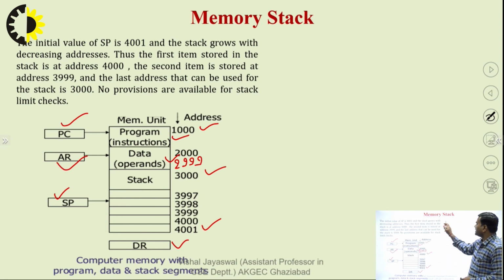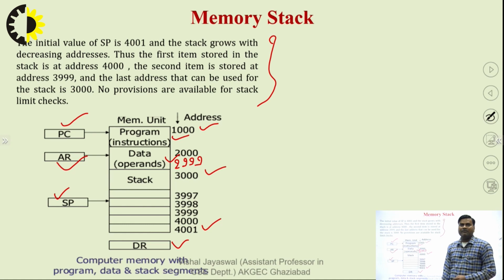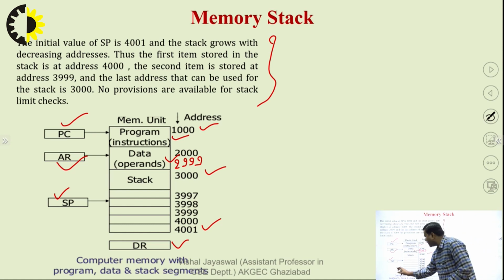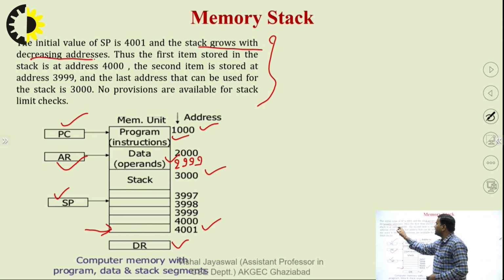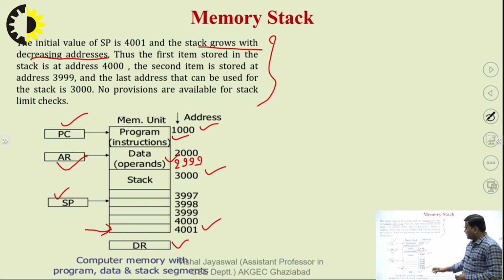There is some initialization in the memory stack. First, the value of the stack pointer is initialized to 4001, meaning initially the stack pointer register is pointing at location 4001, and the stack grows with decreasing addresses. This is the important point: the stack grows with decreasing addresses.